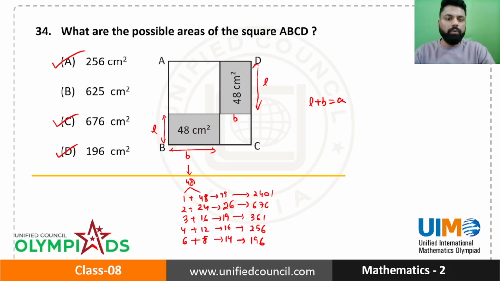We are having for 24 and 2, 26. For 8 and 6 we are having, and if the side of the square is 25, so the area can be 625 also. So for that, the correct answer is A, B, C, D, all four options. This is how we can solve this particular question.